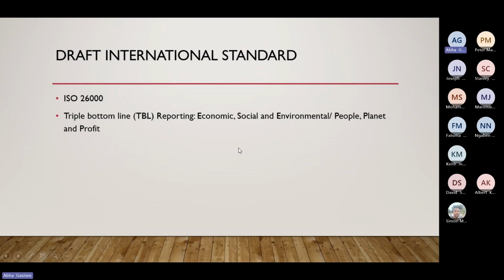What is the triple bottom line? I have already explained to you that economic means profit, social means the people aspect, and environmental is the planet aspect, when you consider making reports and shaping policy. So consider all these aspects.